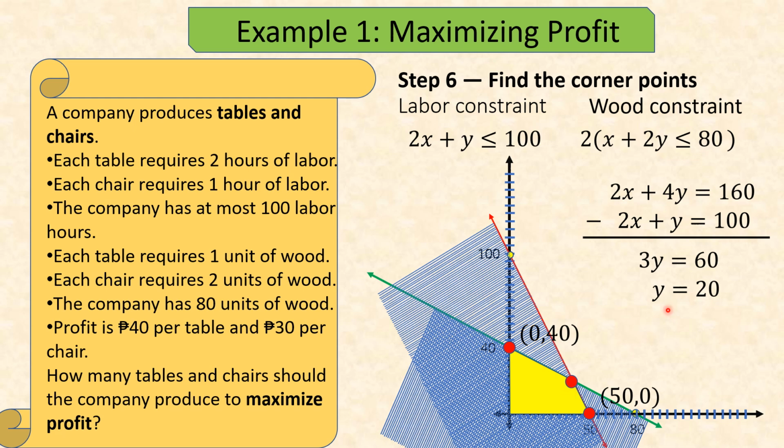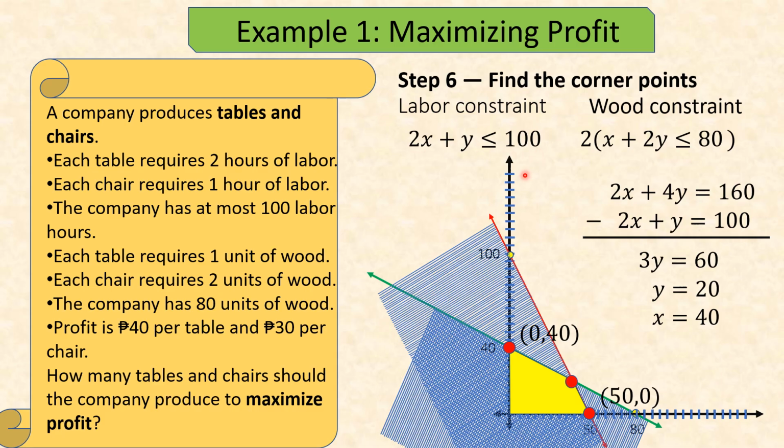Okay, so next we will select one equation here to substitute this value of y. So let's say if our y here is 20, we apply the addition property, it will become 100 minus 20 or 80.